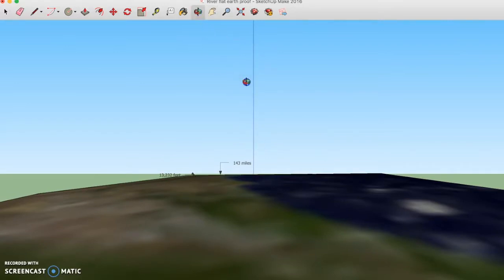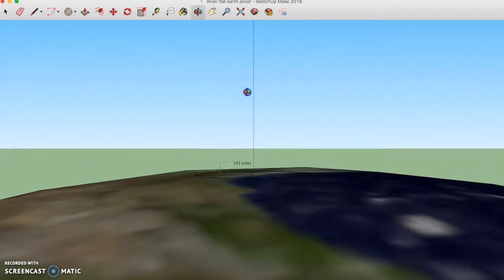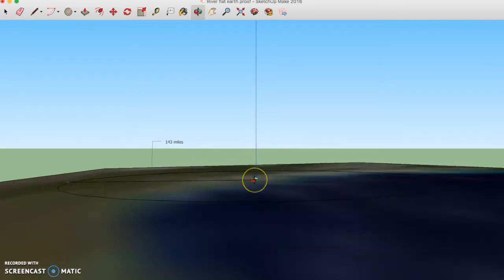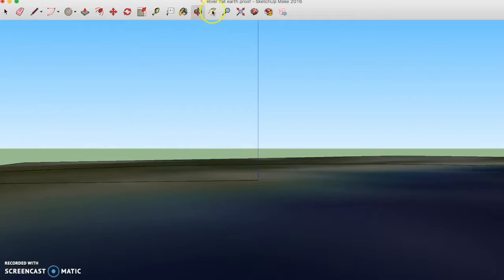Let's get that horizon right at eye level. There we go. I'm going to zoom in here like we're standing at the river mouth. Grab the hand. Now picture yourself in a hot air balloon at that river mouth, and you're gonna ascend upwards.